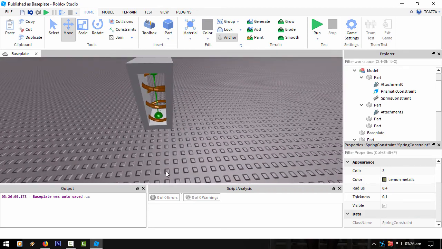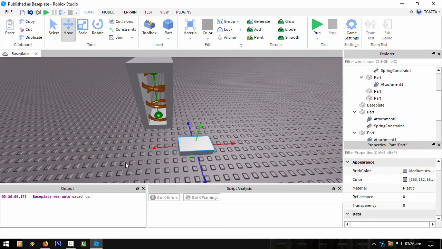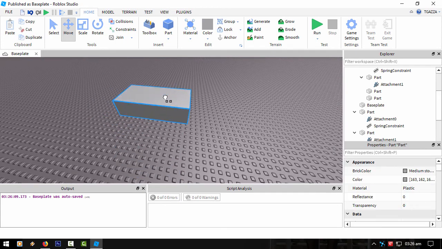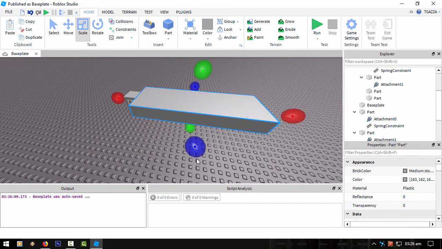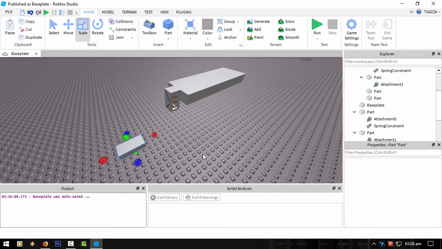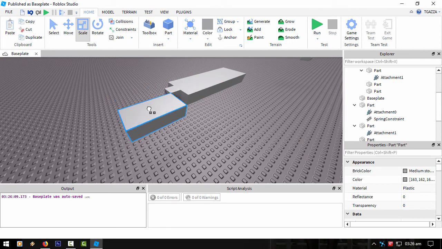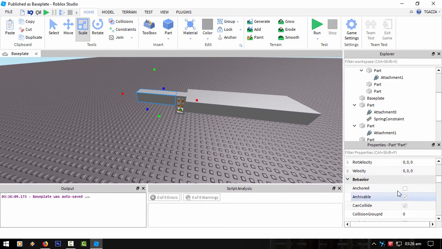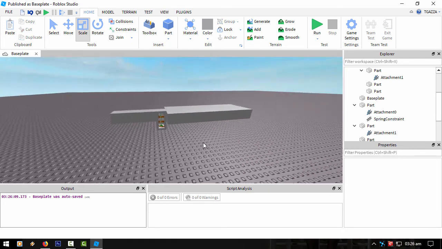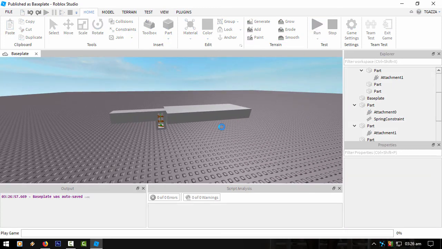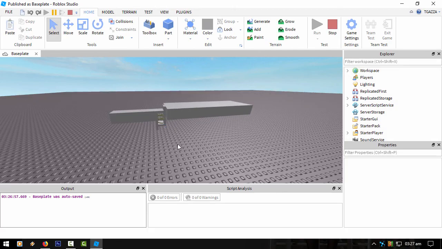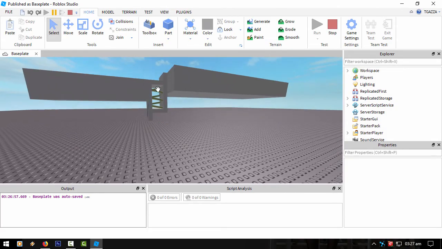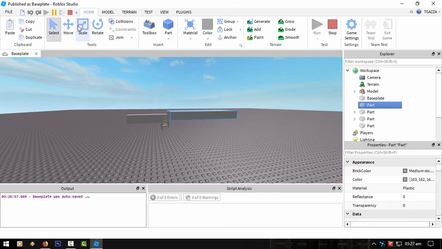Well, let's attach something heavy on one side. Let's do that. Make that something big, then anchor the other side. If I can get there, like so. So let's anchor that and then play. There you go. So it's actually lifted that block up even.